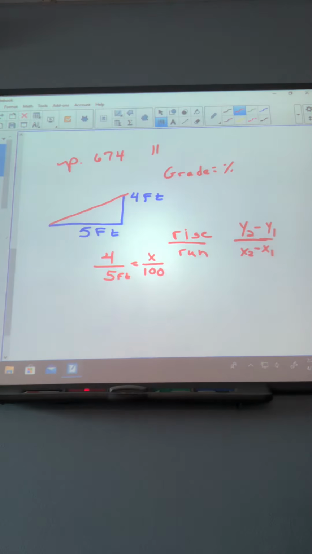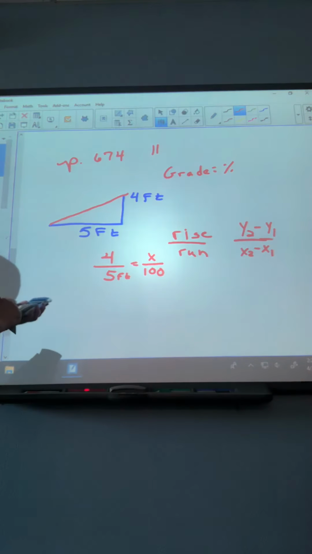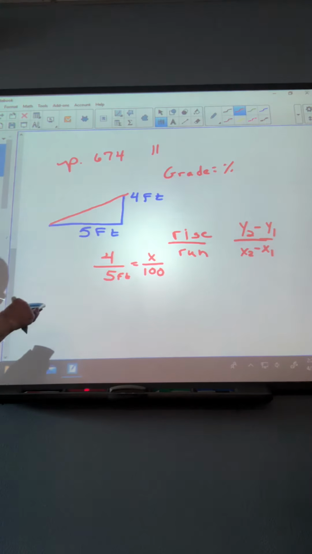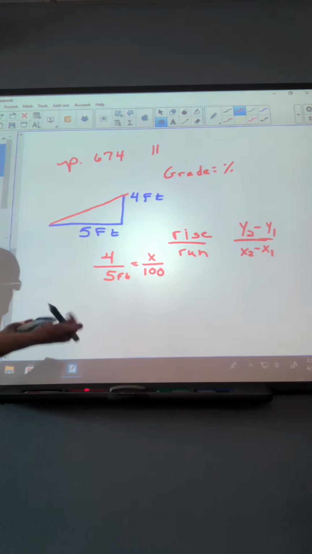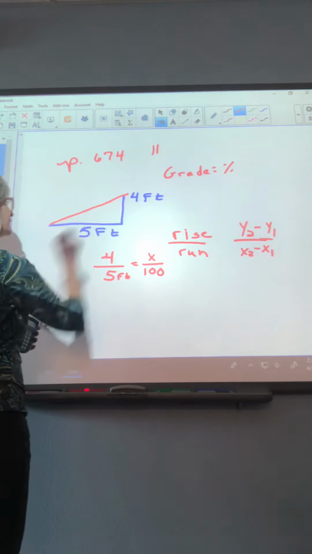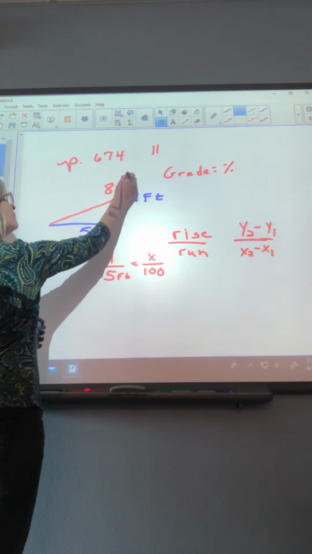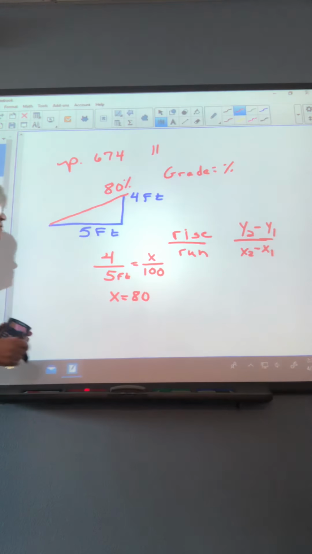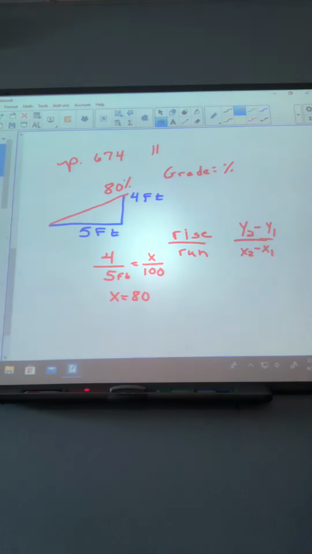So let's go ahead and do that. So we have 4 times 100, which is 400, and then divided by 5, and we get 80%. So the slope would be a grade of 80%.